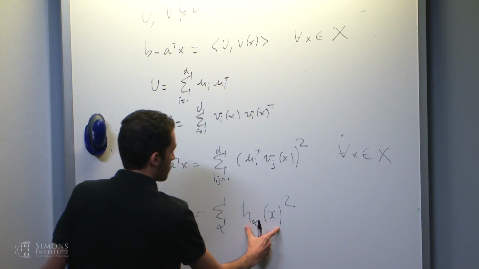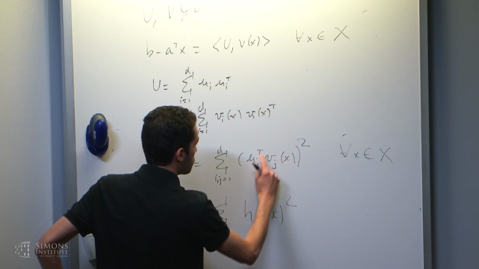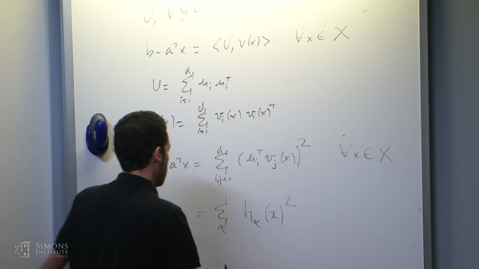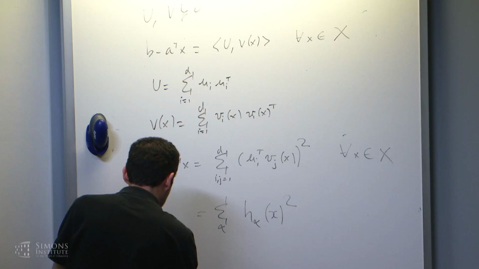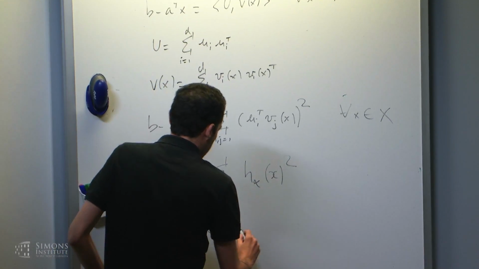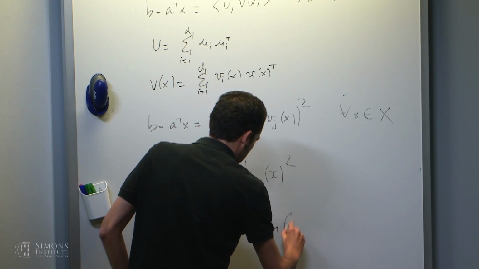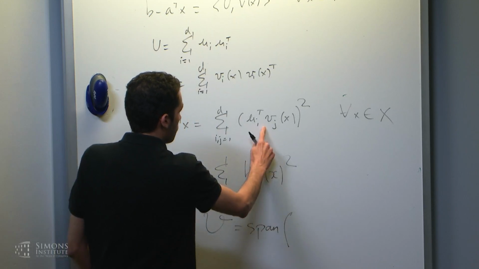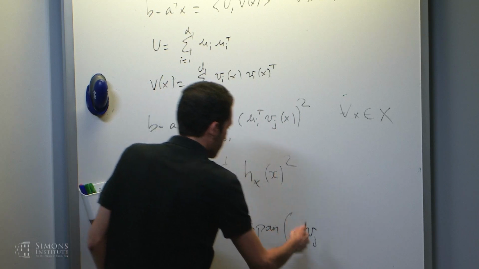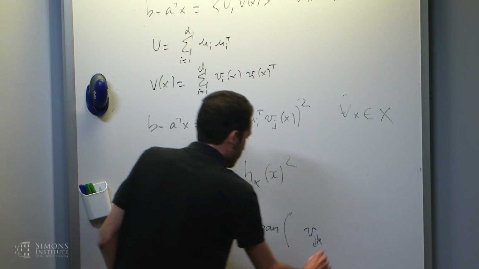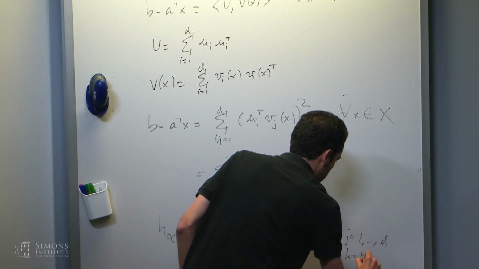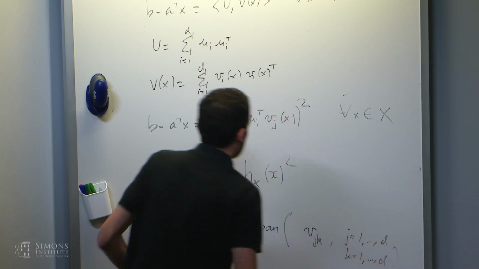Where my H alphas are linear combinations of certain functions v_j defined on X. So here my H alphas belong to a certain subspace V, and my subspace V is just the span of the functions v_jk, j from 1 to d and k from 1 to d.